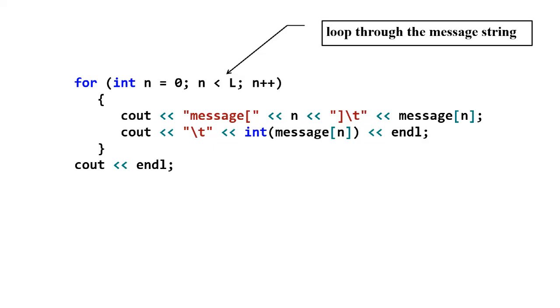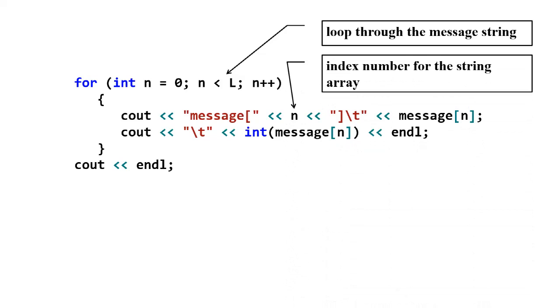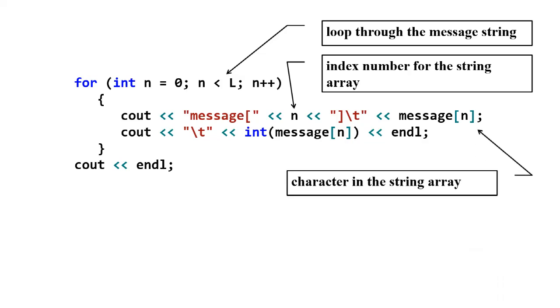And then it increments n. Inside this loop, we print out a little bit of text and then print out the index number for the string array. That is followed by the character in the string array. Since we're treating our message string simply as an array, we can access each individual character in this message string by using the index number n.